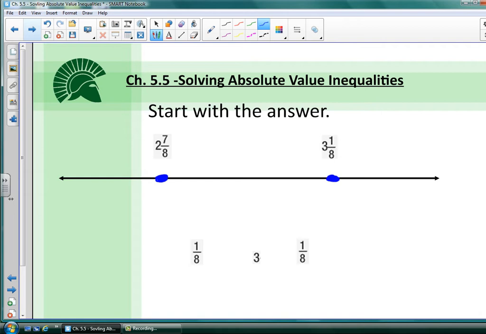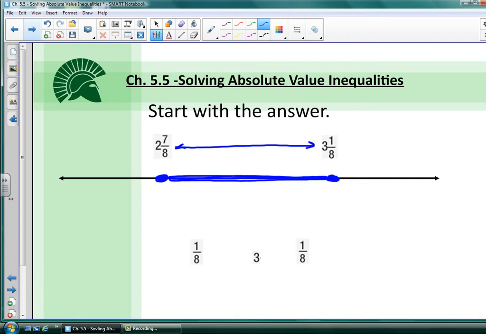Since these carrots have to be within these two boundaries, within 1/8 of 3, we're talking about less than or equal to, and that's why I would put my closed circle. And since they have to be within this, that means they have to be between these two numbers, and numbers that are between these two numbers get the bar shape that we've seen before.